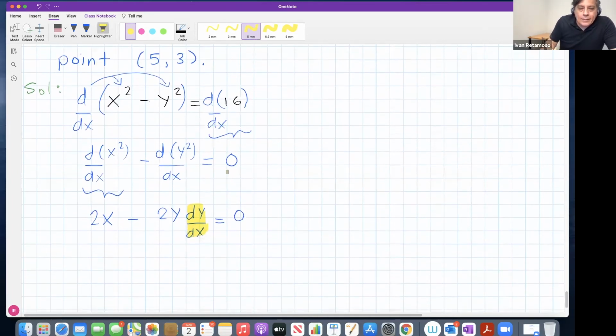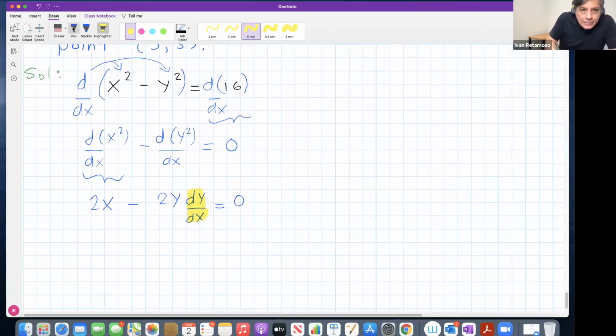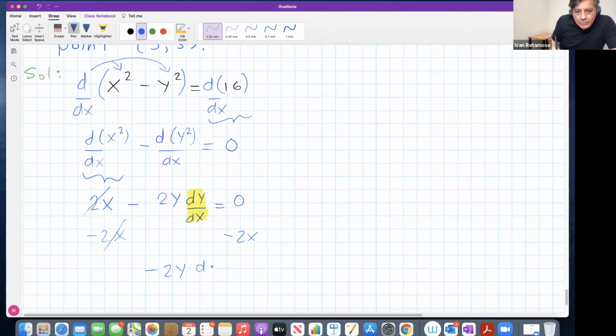So now, in order to isolate this guy, what I'm going to do is subtract twice x from both sides. To eliminate this guy, I will be left with minus twice y dy/dx equals minus twice x.